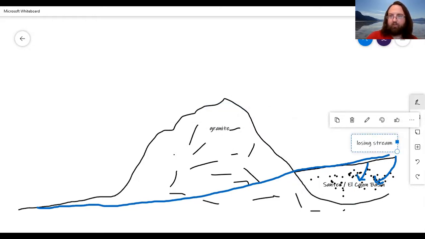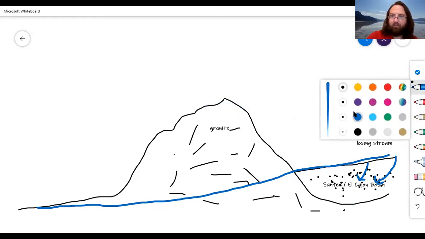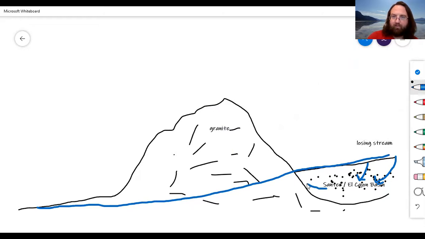As you go further downstream, however, the river starts to pick up water. Toward the downstream end, this low permeability granite is not going to allow the water to pass through it as easily, and so you're going to get a lot more water coming up at the surface. You're going to get a much fuller San Diego River through Mission Gorge than you would in Santee and El Cajon, where it's primarily underground.